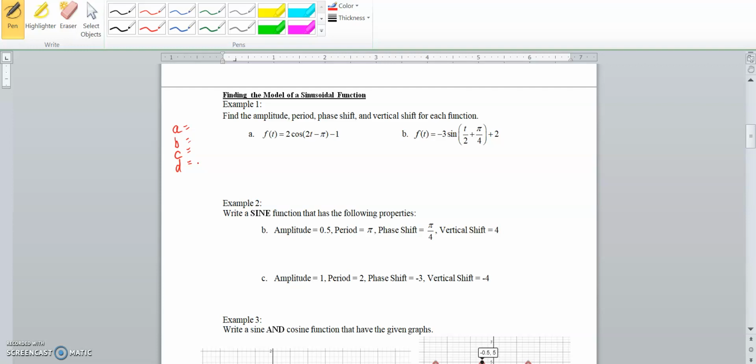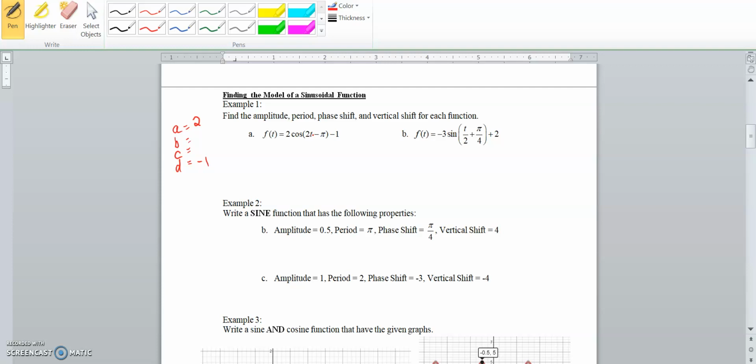In this case, we have 2, I see minus 1 down here, but we're going to have a problem here. We don't have a parent function here. We have 2t minus pi. We can only have the variable inside those parentheses.